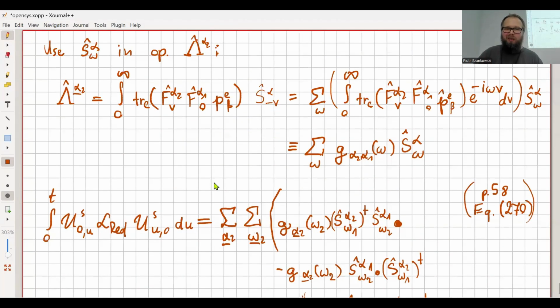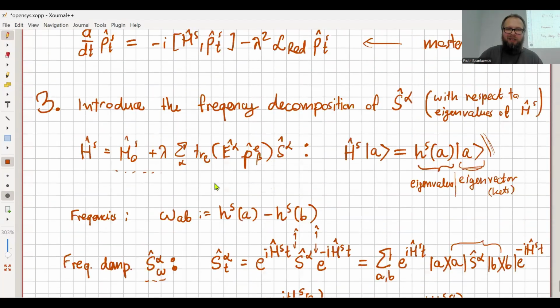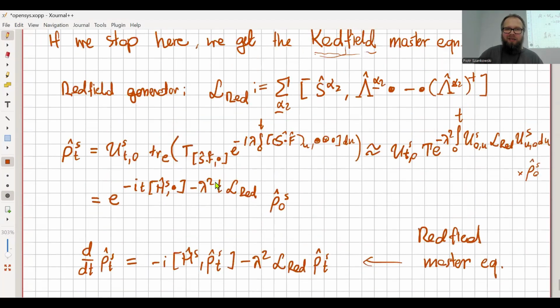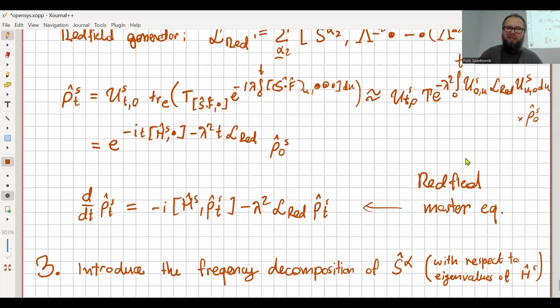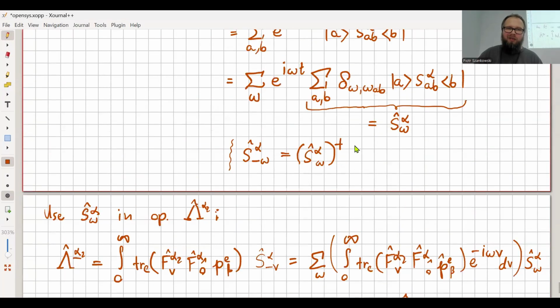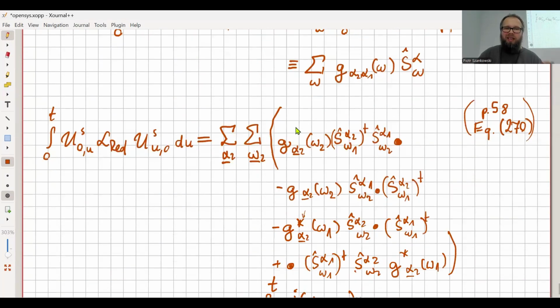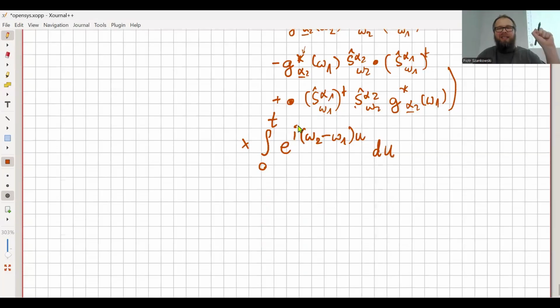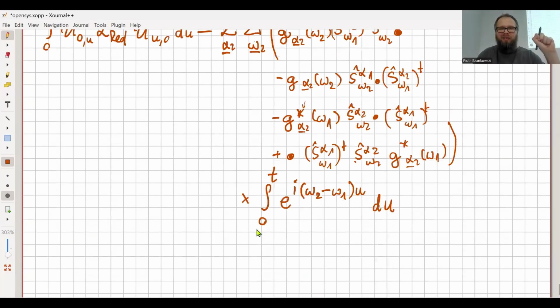So you start here where you have time dependent operators. Everything is rotated in this interaction picture. By doing this frequency decomposition, you take all this time dependence and plug it into this relatively simple phase factor.